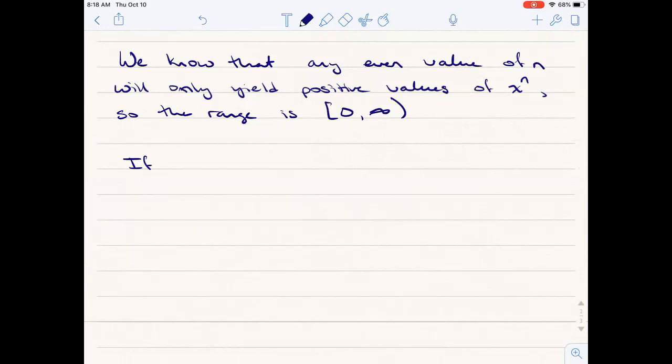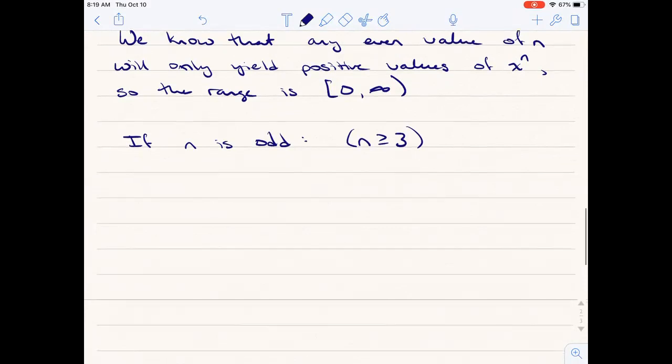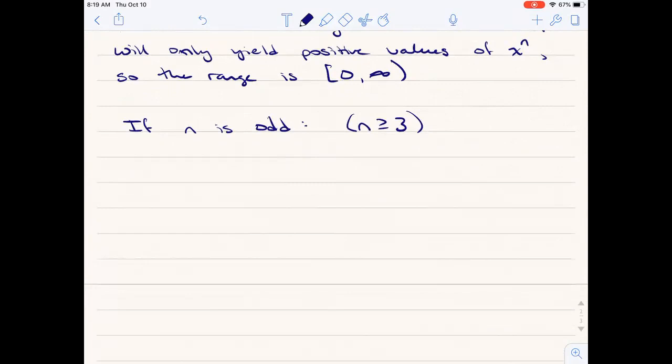and go straight to if n is odd. Like I said, if you didn't like my graphs before, you're definitely not going to like these. We're only going to look at n greater than or equal to 3. A power of 1 is kind of boring, and it behaves the same, but looks a little bit different.